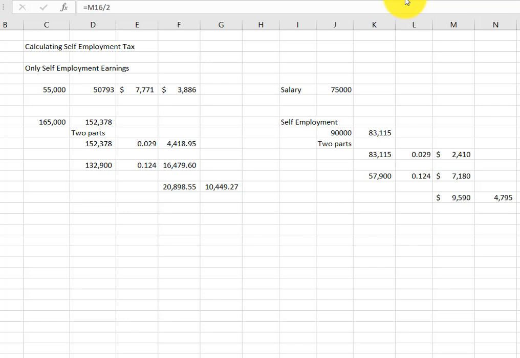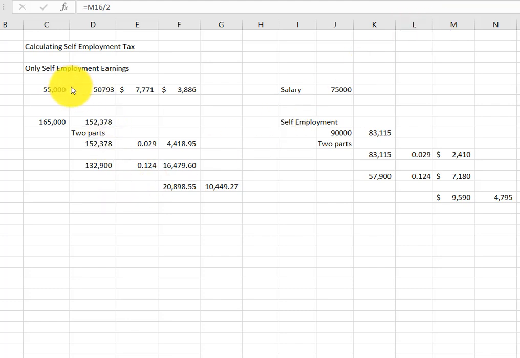We'll spend some more time looking at self-employment earnings in general in a later chapter. But I want to at least give you the overview and examples of how to do that here in chapter 4.